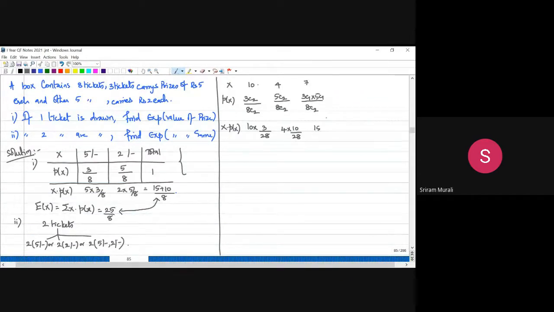Then 7 into 15 by 28. So what is the total? This is your expected value of the game. If you add everything, that is 175 divided by 28, which is equal to 6.25.